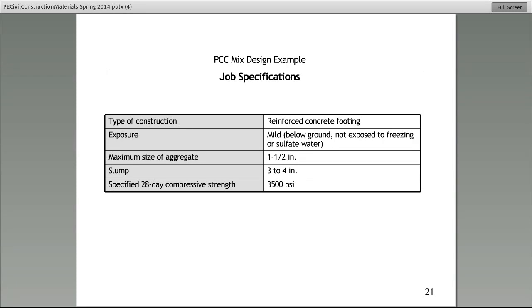All right. Here's a problem that I would like for all of us to do. Let's look at this problem together.